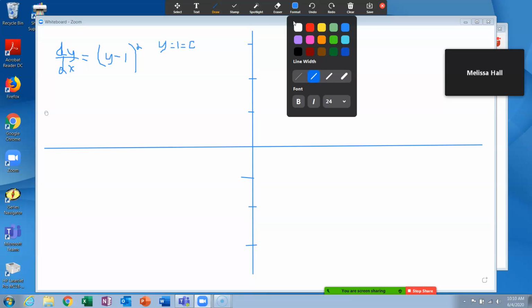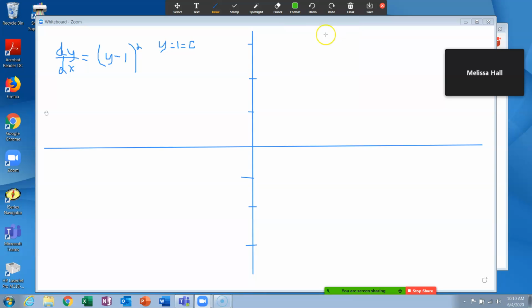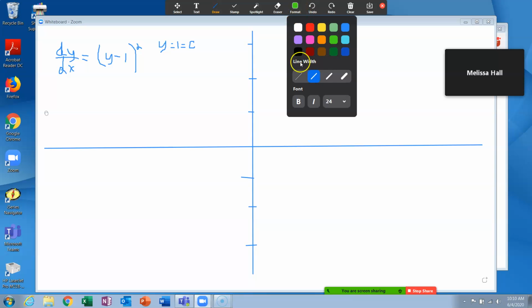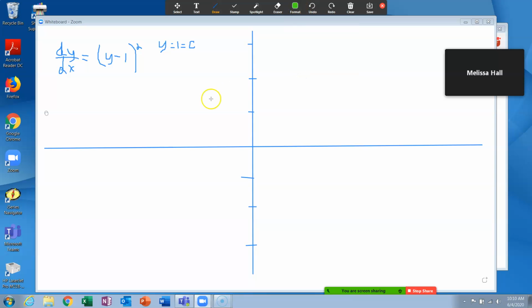Not white. Pick a color, not blue. Green. Say again? Green. Light green? Okay. Whoops. I messed that up. I was going to go with a lighter line width. Oh, that's still blue.